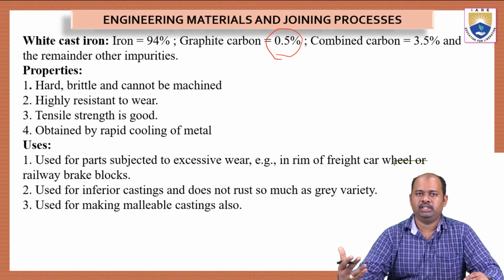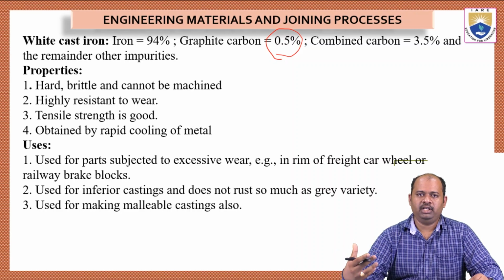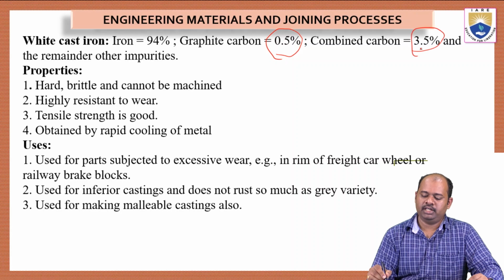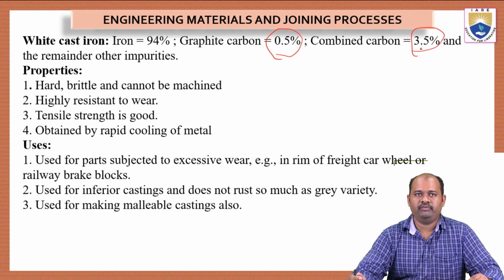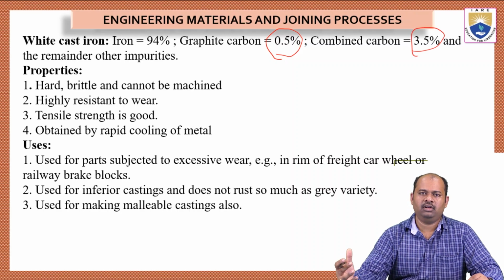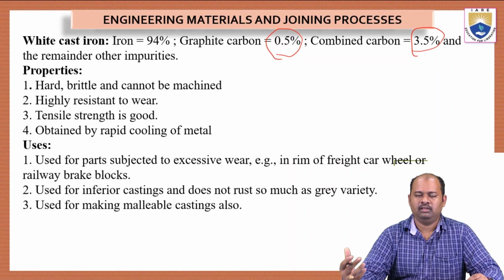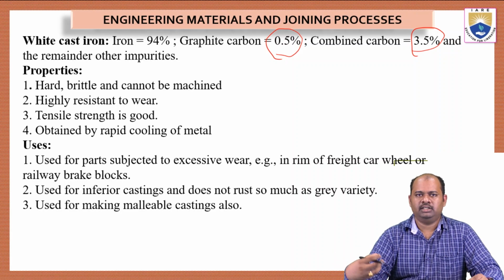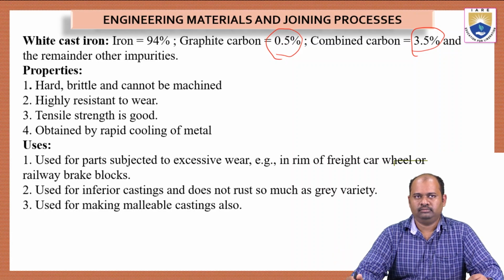So depending on the percentage of carbon, the property of a particular cast iron will change. The total combined percentages are about 3.5% and the remaining are other impurities like silica, etc. Because this is dug out of the earth, it will definitely contain silica.